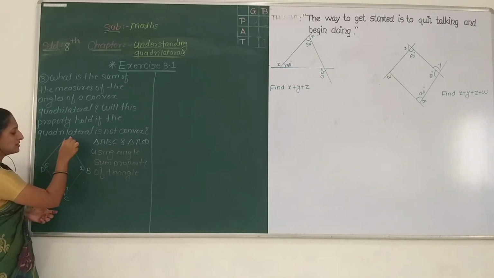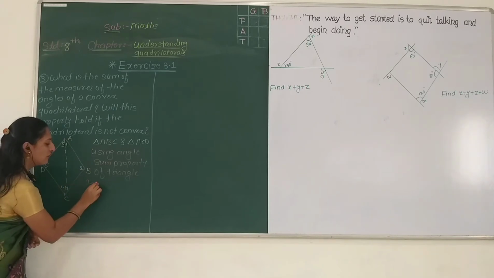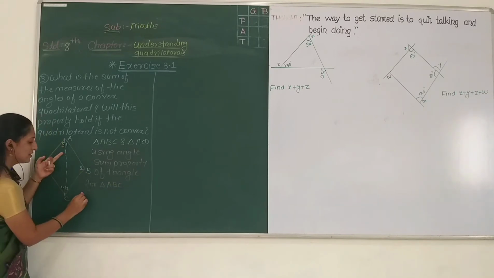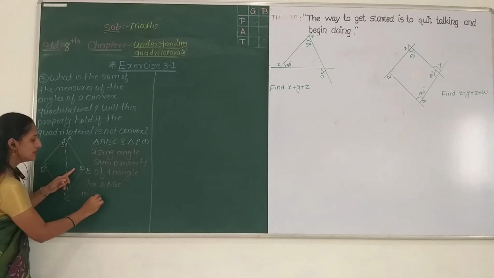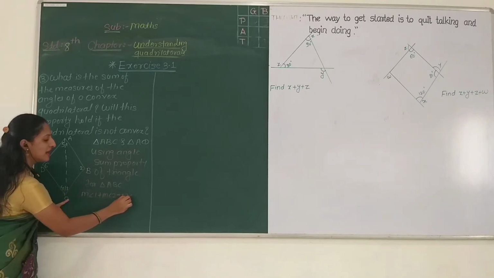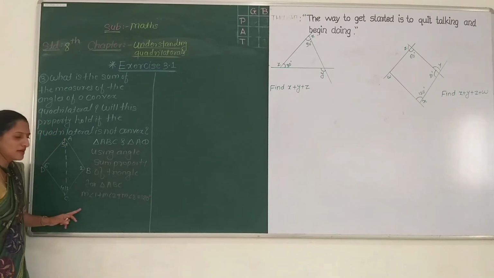So for triangle ABC, measure of angle 1 plus measure of angle 2 plus measure of angle 3 is equal to what? 180 degrees, using the angle sum property.